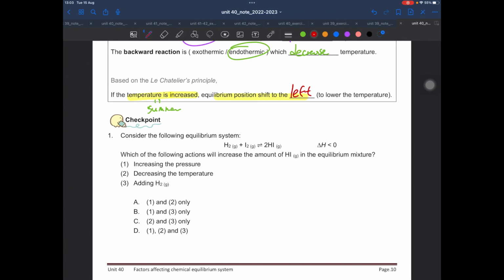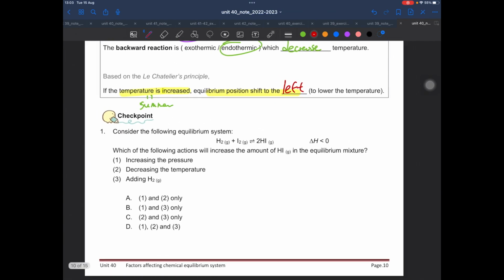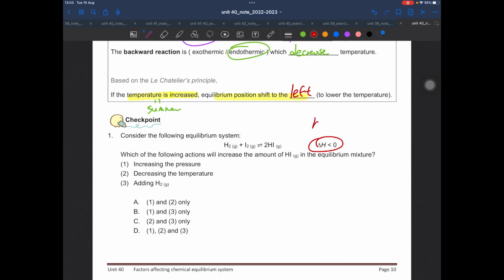Trust me. Okay? Now, let's do it. The chat point. Now, good. This one is forward. Let me write down. Forward is heater. Or you can say backward is aircon. Right? Alright, so which one will increase the amount of HI?